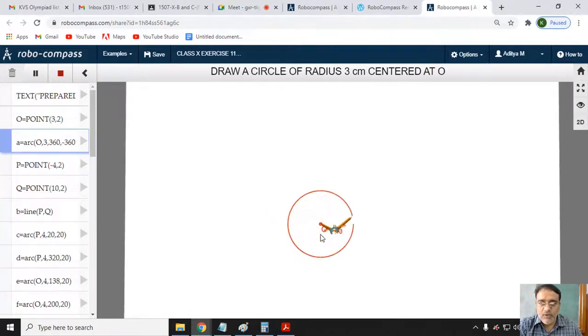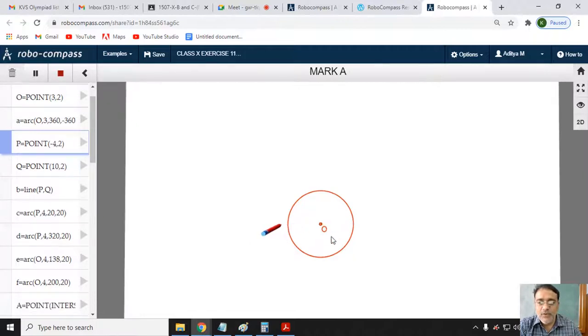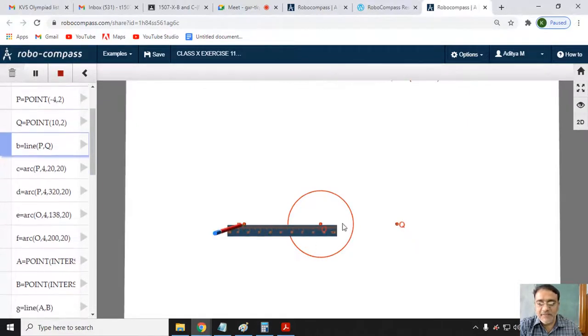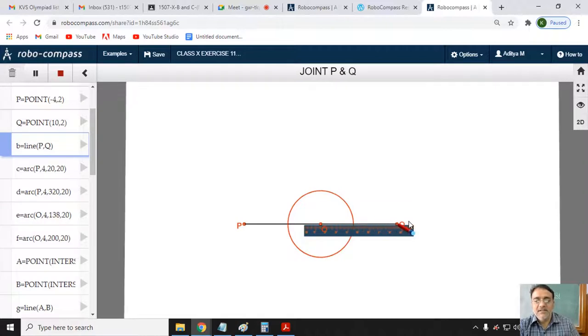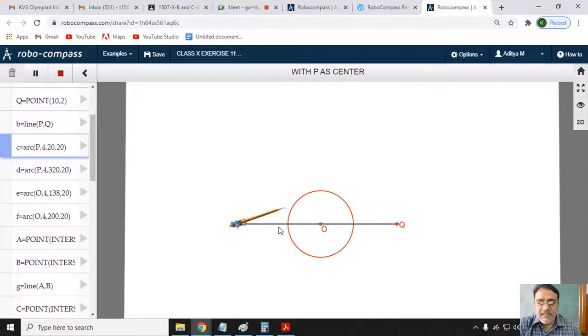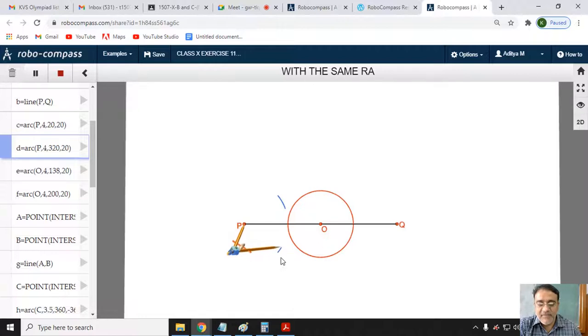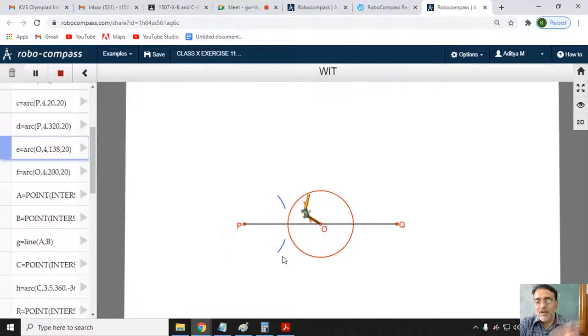Now what we will do, we will take points P and Q on its extended diameter, which is 7 centimeter from the center O. This is the diameter and we extended it up to P and Q. Now with center P we are going to draw 2 arcs on both sides, such that the radius should be more than half of OP, otherwise they will not intersect.